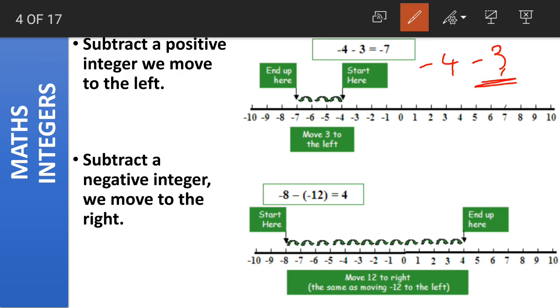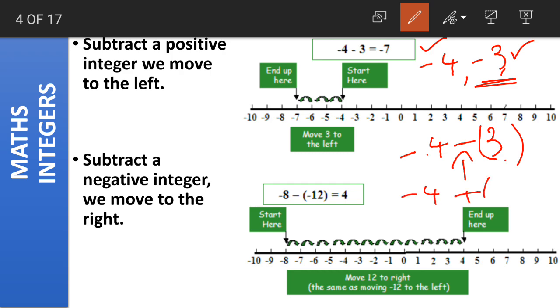Because if there was a comma between both of them, then this would have been a negative integer and minus 3 would also have been a negative integer. But here we are writing it as minus 4 minus 3. Minus here is serving as the subtraction operator. We are using this minus sign to subtract 3 from minus 4.